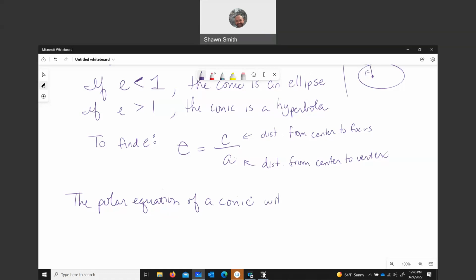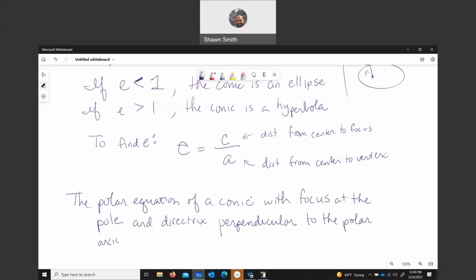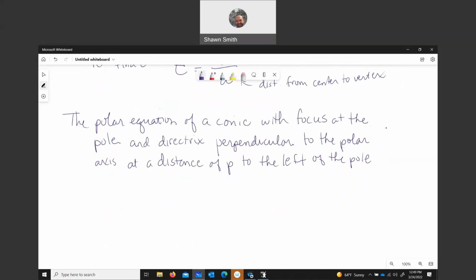So the polar equation of a conic with focus at the pole and directrix perpendicular to the polar axis at a distance of p to the left of the pole is r equals e times p over 1 minus e times the cosine of theta.